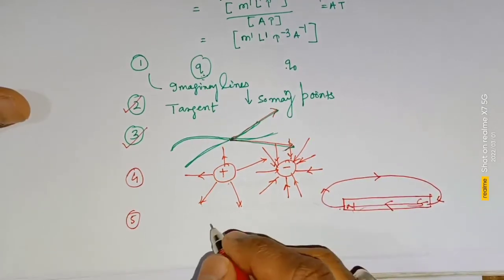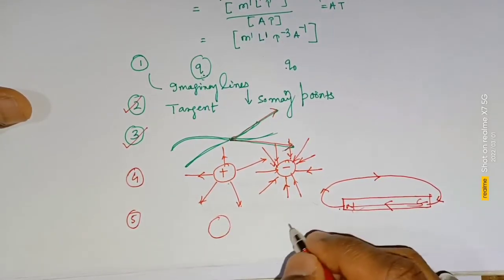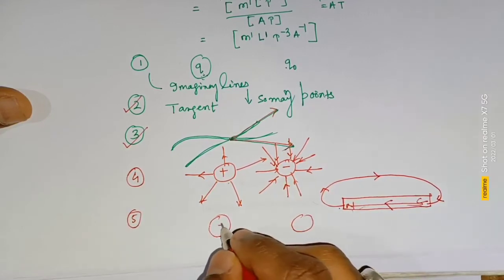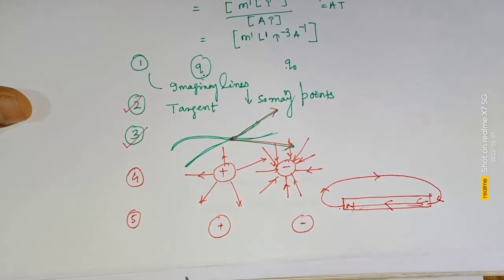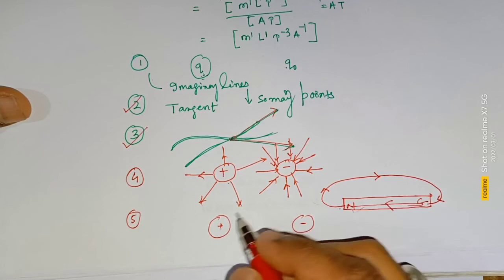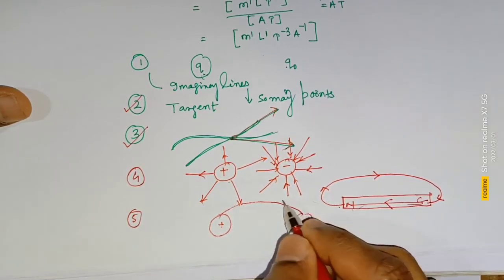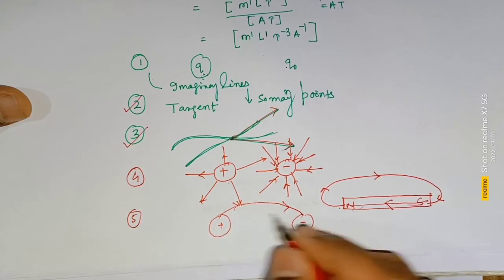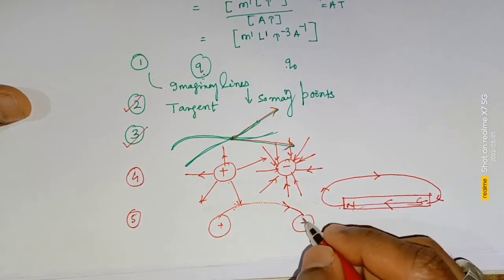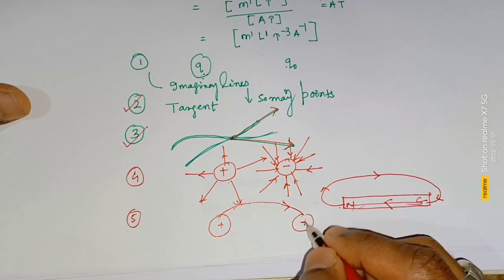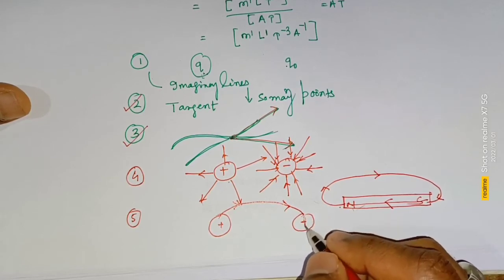But if I consider two conductors, this is positive, this is negative, what will happen? Field lines go radially outward from the positive and end at the negative. But inside the conductor there will be no electric field lines.